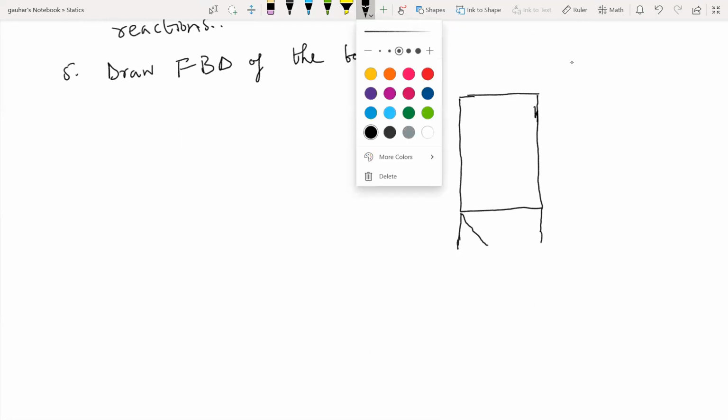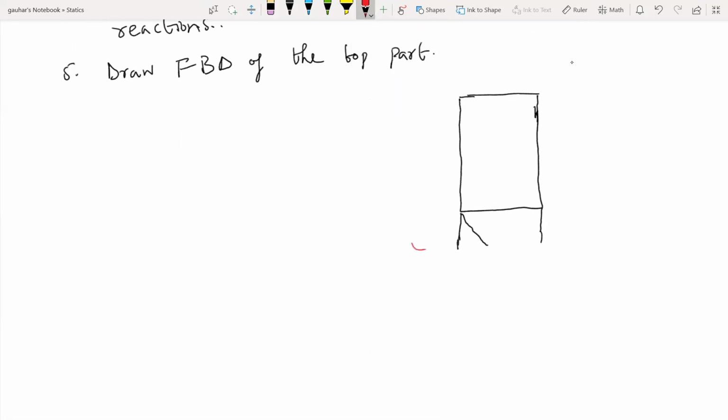Okay, and this is your cut section AA, right? Okay, now again, let's assume the member forces, right? So let's assume tension in all the members. So this is your FBC, this is your FBF, and this is your FAF. So we have assumed tension in all the member forces, right?